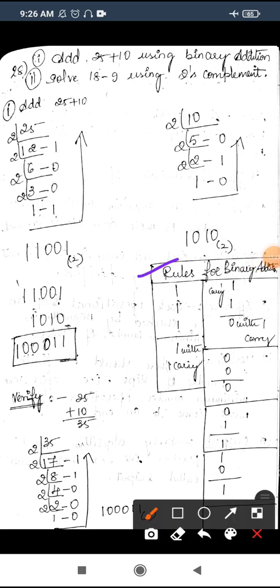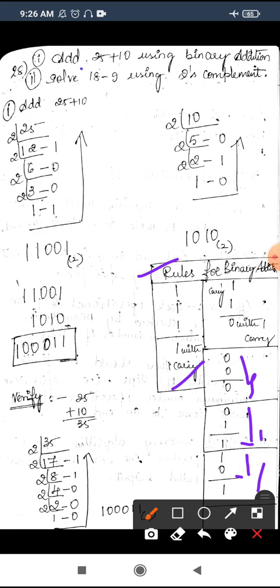If 0, 0 is there, the answer will be 0. 0, 1, the answer will be 1. 1, 0, the answer will be 1. If two ones are there, you keep the answer as 0 with carry 1. If three ones are there, you keep 1 as the answer and 1 as the carry. So keep this in your mind.